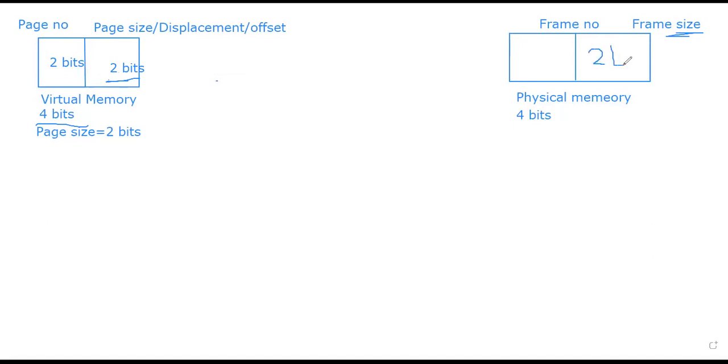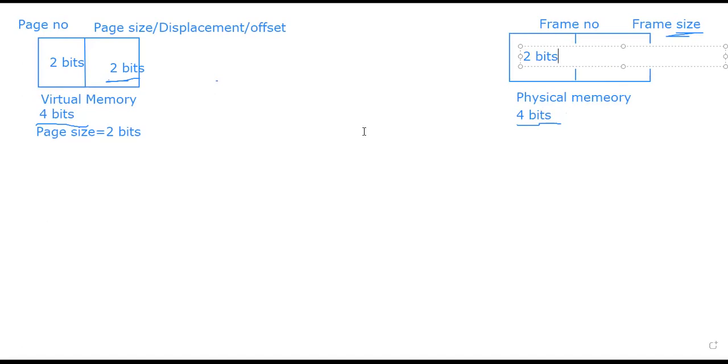There is no doubt about that. In total we allocate 4 bits for our physical memory, so if 2 bits are allocated for the frame size, the remaining 4 minus 2, which is 2 bits, will be allocated to the frame number.